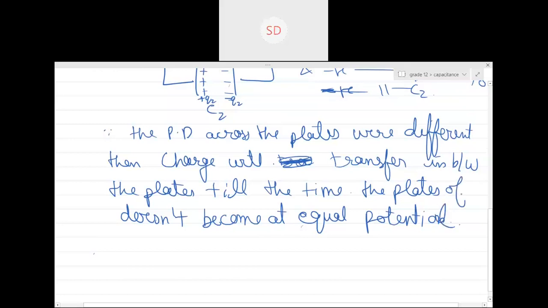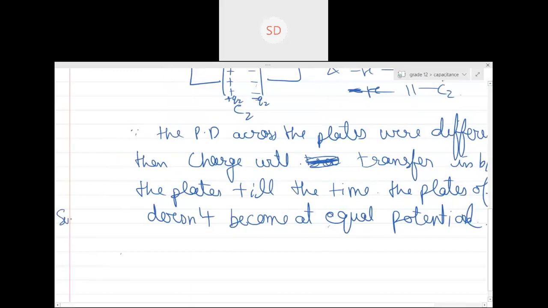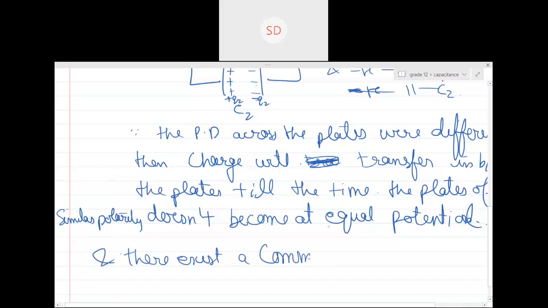Till the time the plates of similar polarity don't become at equal potential, and there exists a common potential difference across the plates of both the capacitors.